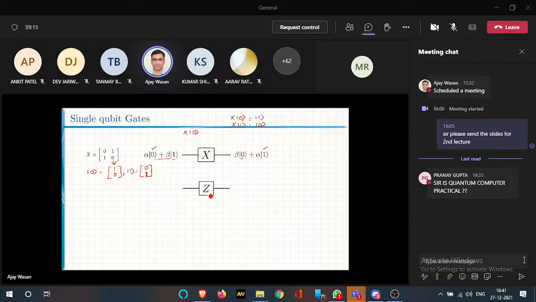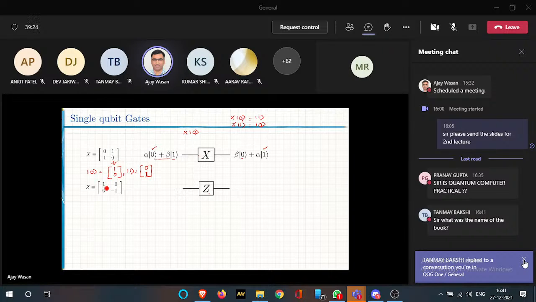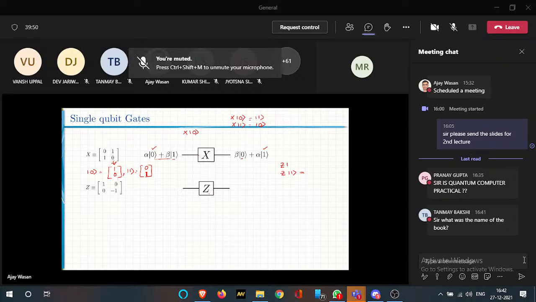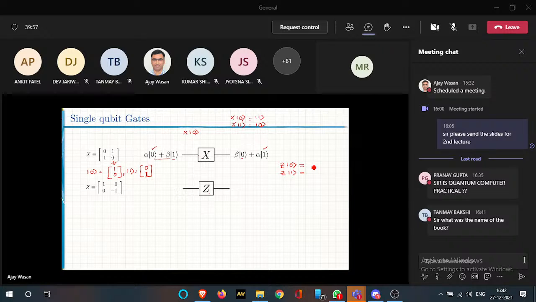This is the Pauli Z, or Z gate as we call it in quantum computing, and it has a matrix like this: 1, 0, 0, minus 1. So tell me what will be the value of Z0 and Z1? Z0 is 0?